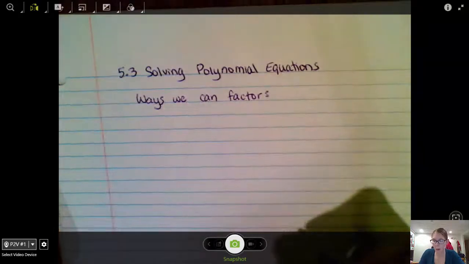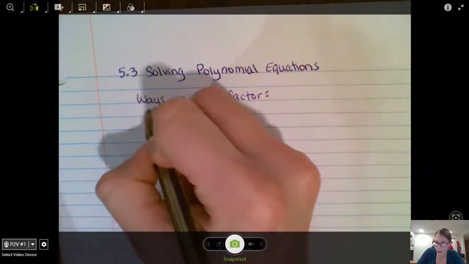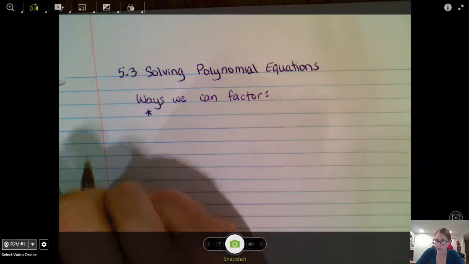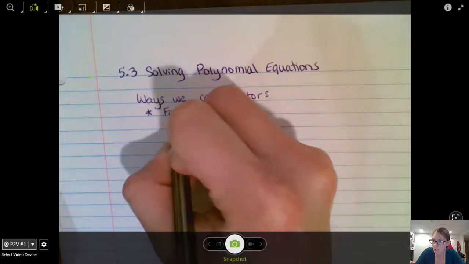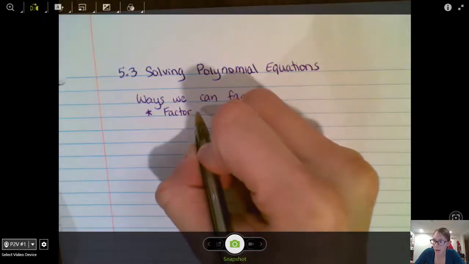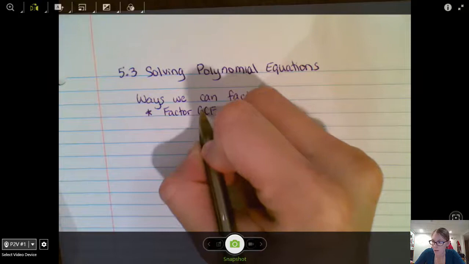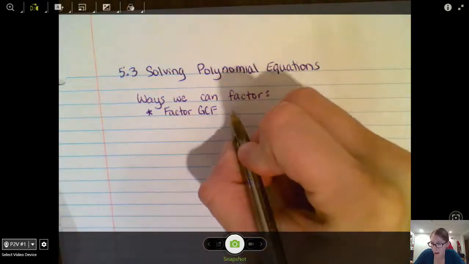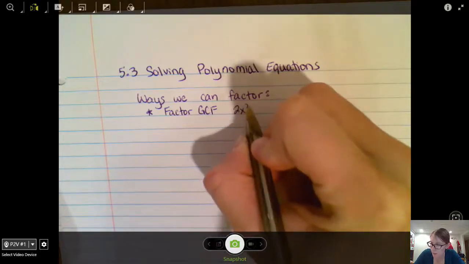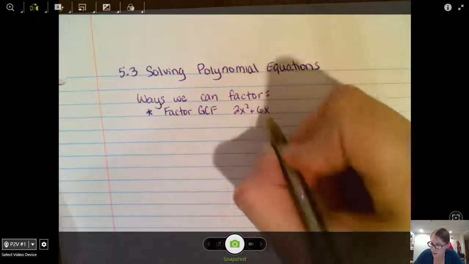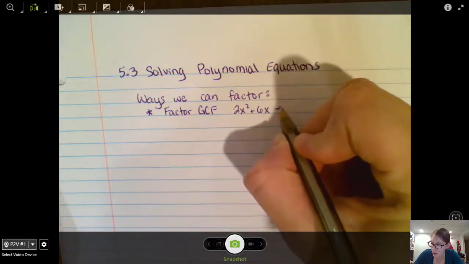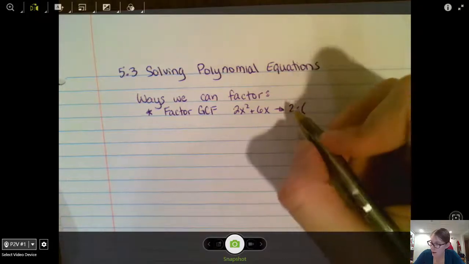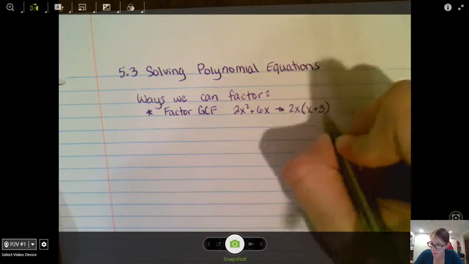The first thing that we always want to look for when we're asked to either solve an equation or factor something is to see if there's a common term, if we can factor out the greatest common factor. So for example, if I had the expression 2x squared plus 6x, I can factor out a 2x from both of these terms and get 2x times the quantity x plus 3.